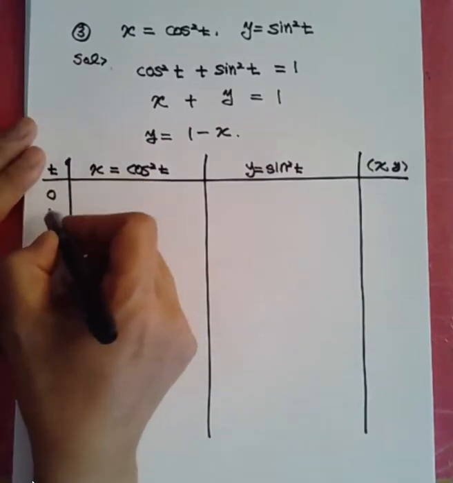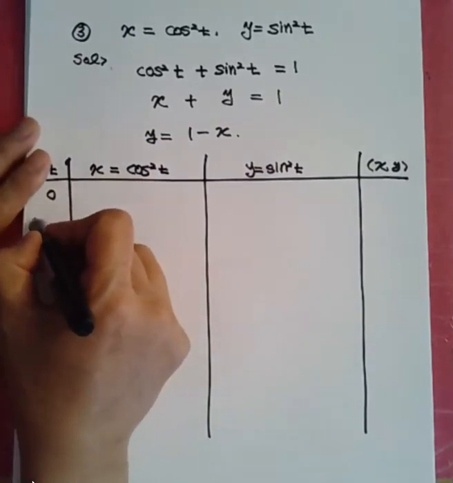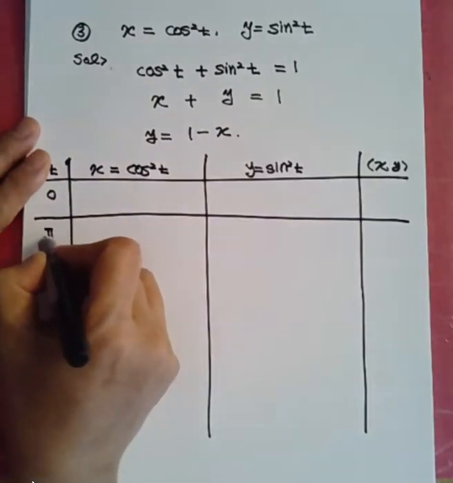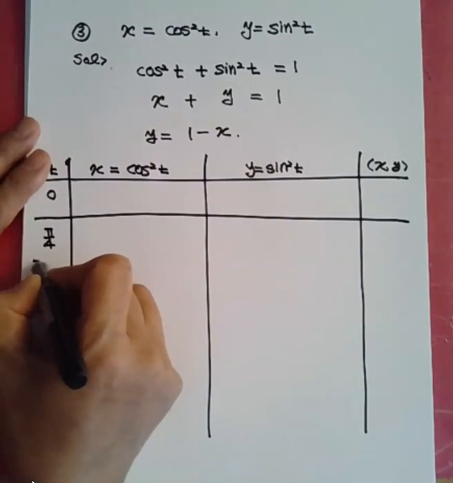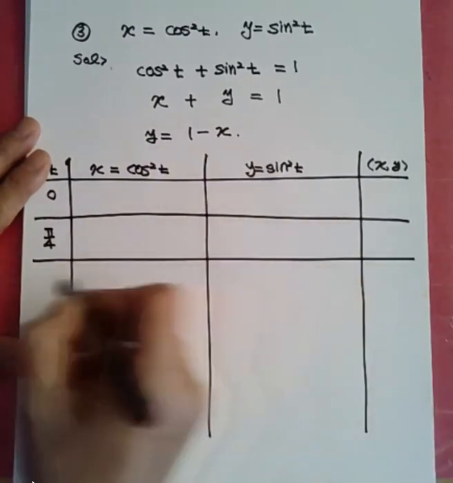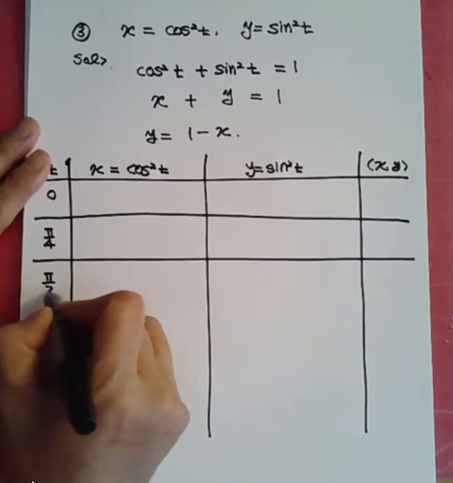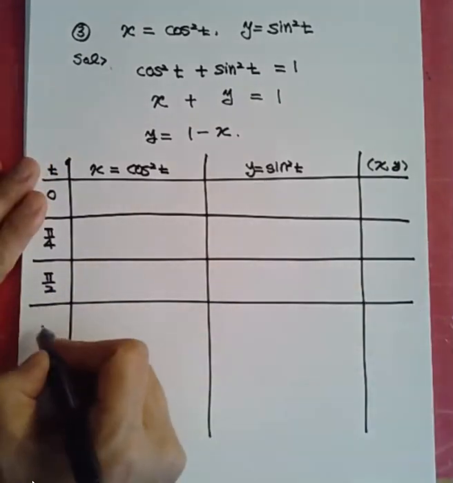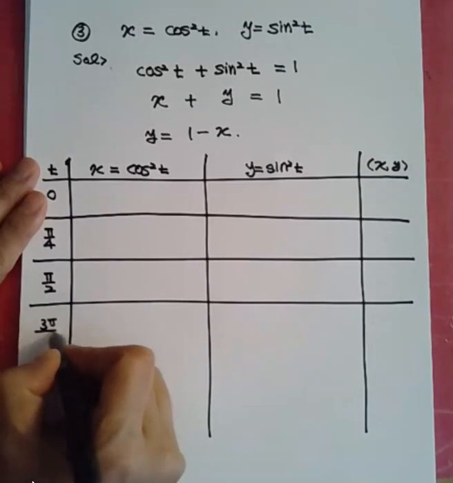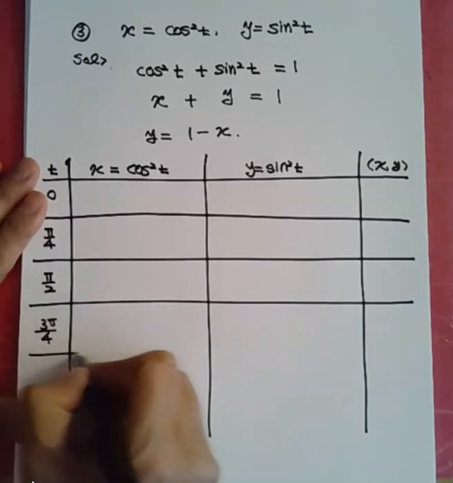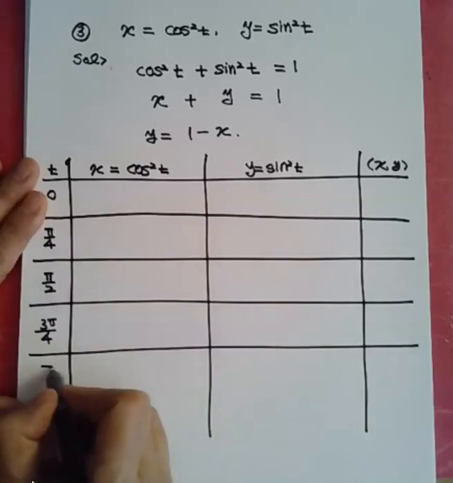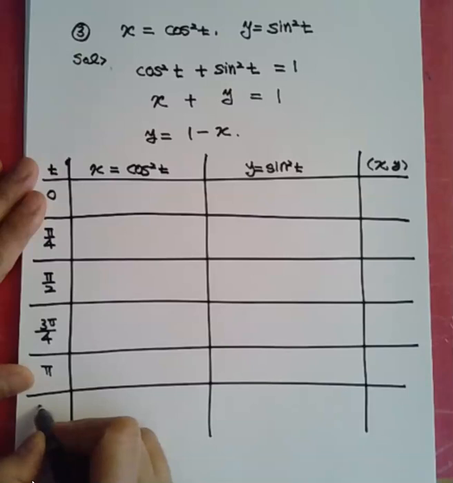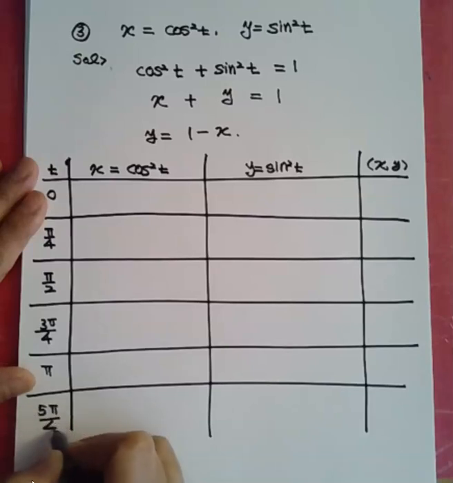We will evaluate at 0, pi over 4, pi over 2, 3 pi over 4, pi, and 5 pi over 4.